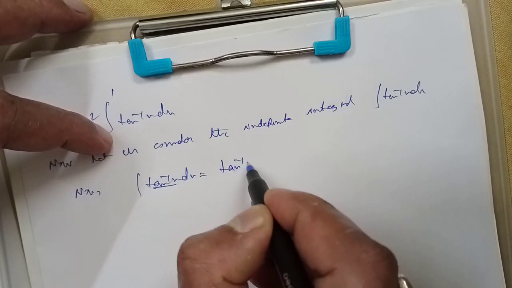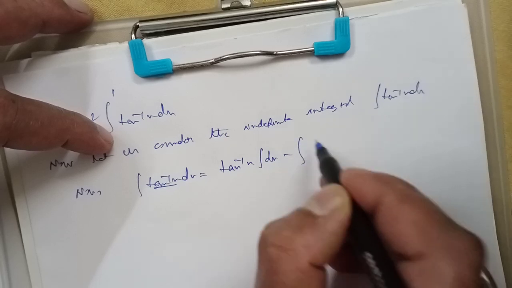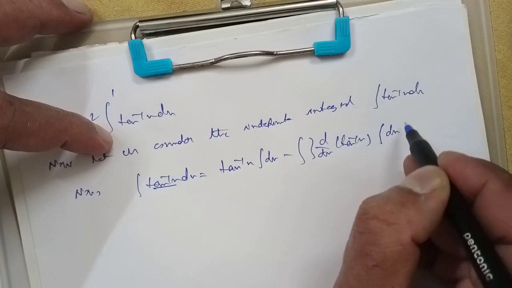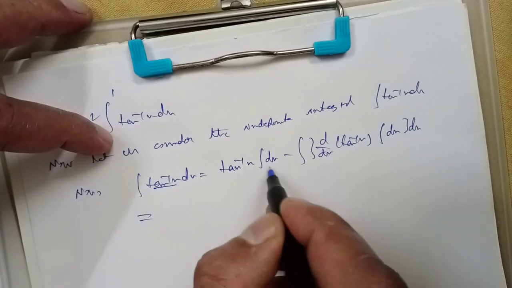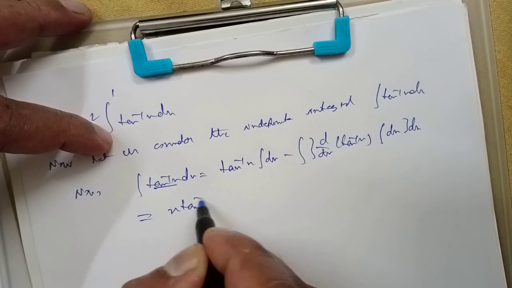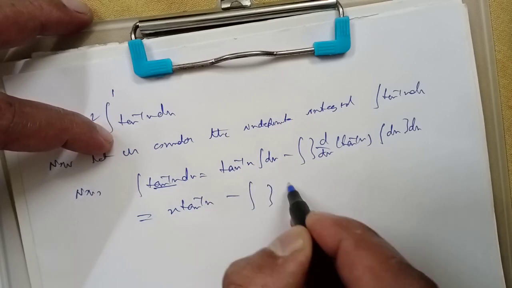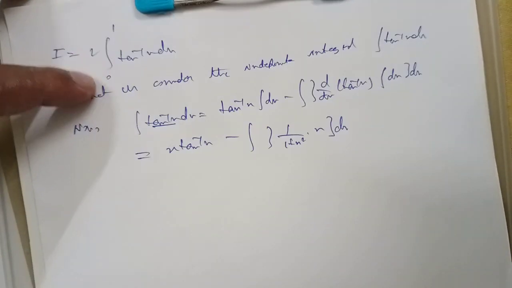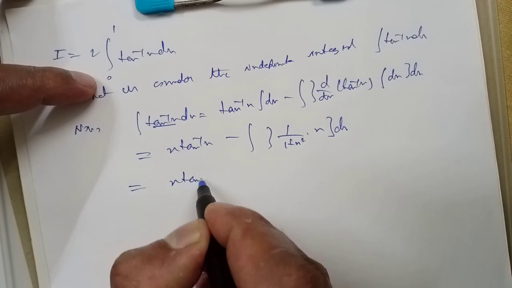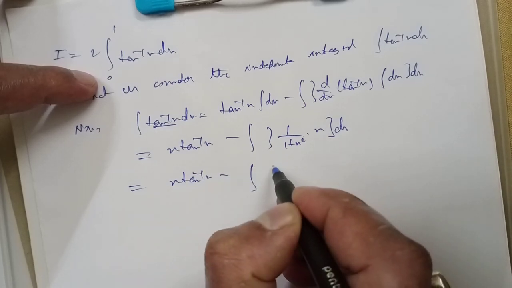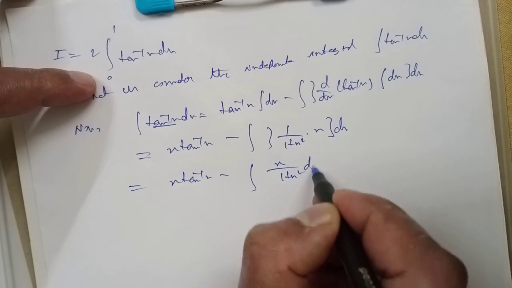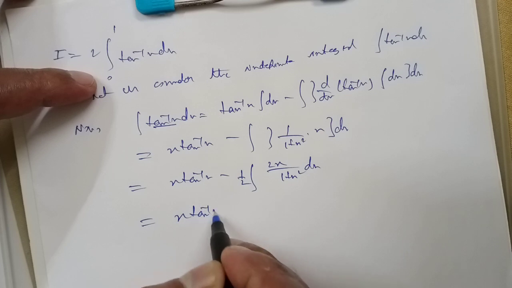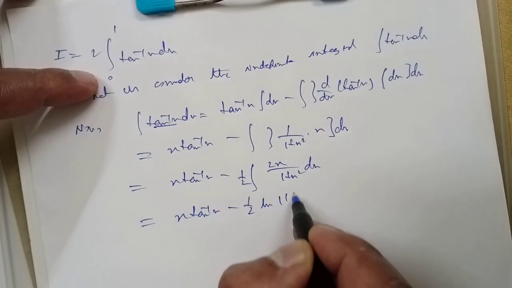So you get tan inverse x integration dx minus integration of d by dx of tan inverse x times integration dx, then dx. The integration of 1 dx is x. So x tan inverse x minus integration 1 by 1 plus x square times x. So you get x tan inverse x minus integration x by 1 plus x square dx. Write 2 here, half here, so you get x tan inverse x minus half ln of |1 plus x square| plus c.